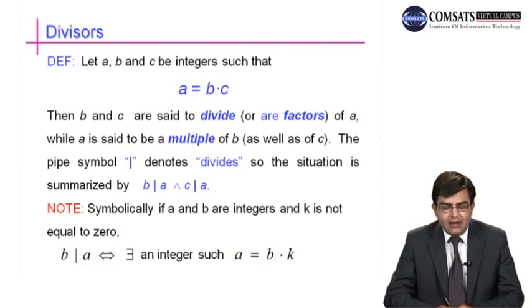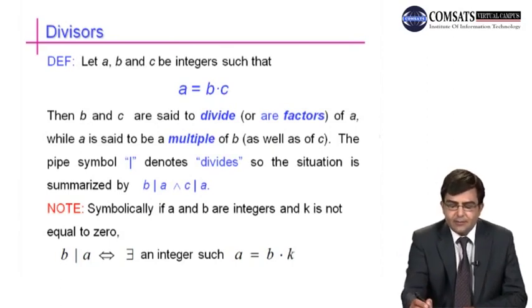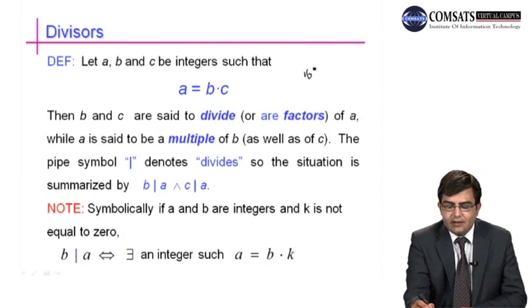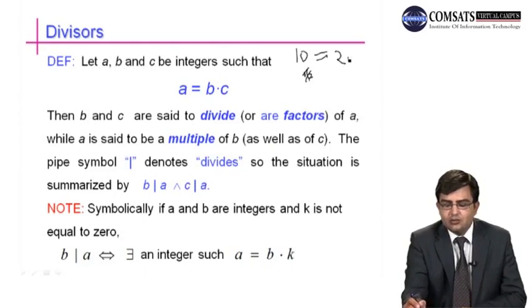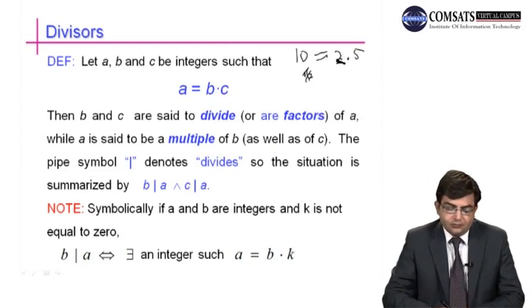Let A, B and C be any three integers. If we can write A as a product of B and C, for example, if we have 10, then 10 can be written as 2 into 5. What does it mean? It means that 2 as well as 5 divides 10.